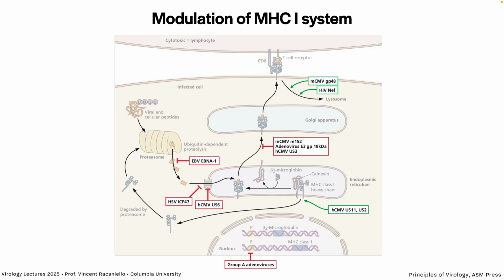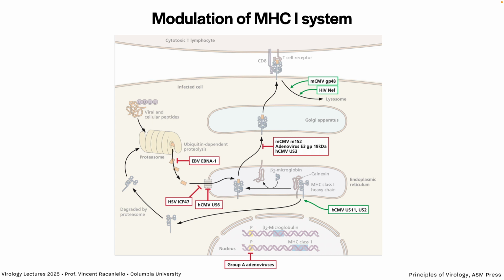So this is an infected cell now, and there are proteins, viral proteins as well as cellular. They're put through the proteasome, which is a big protease, chops it up into peptides. The peptides are transported through a transporter into the ER. And we already have two sites of antagonism here. EBNA1 is antagonizing peptide generation. And these two viral proteins, notice all herpes viruses, we're going to talk about them a lot today, are inhibiting the transporter. So the peptide never gets to the MHC1.